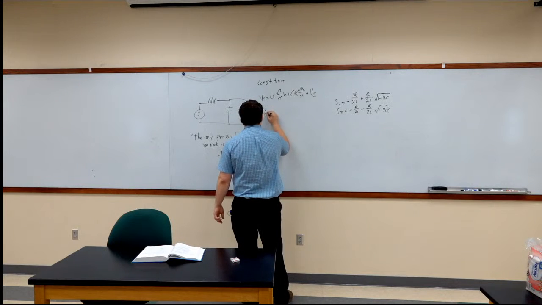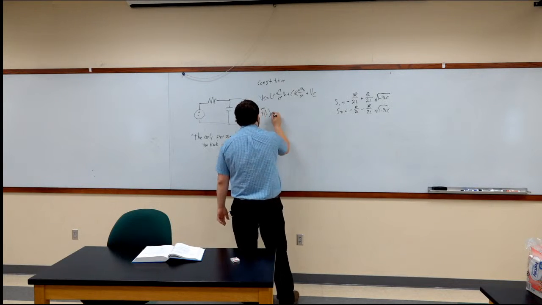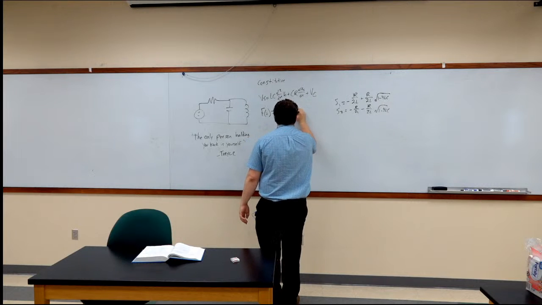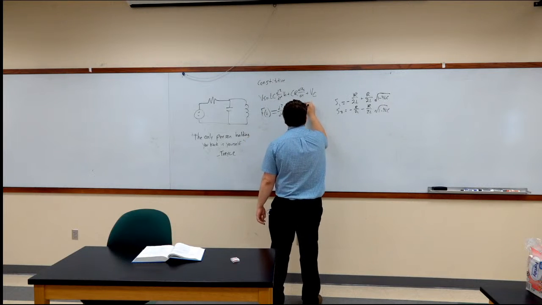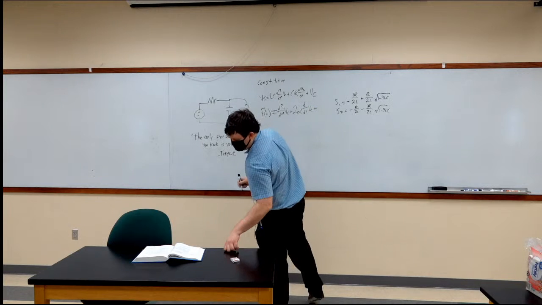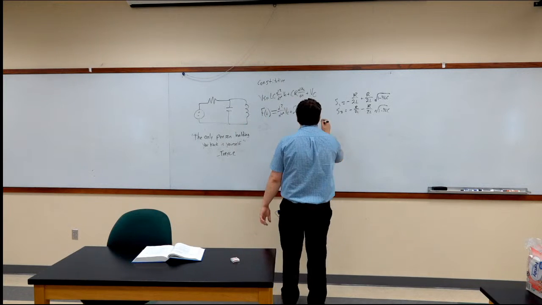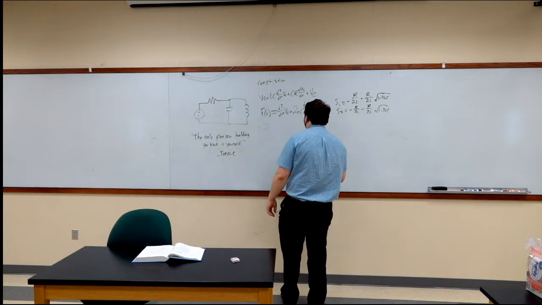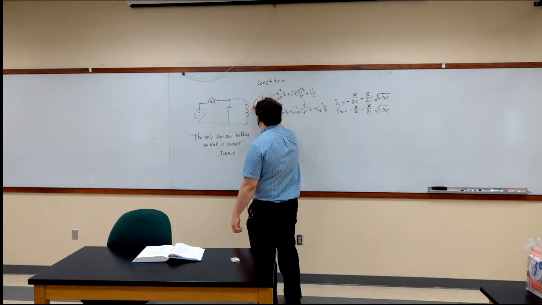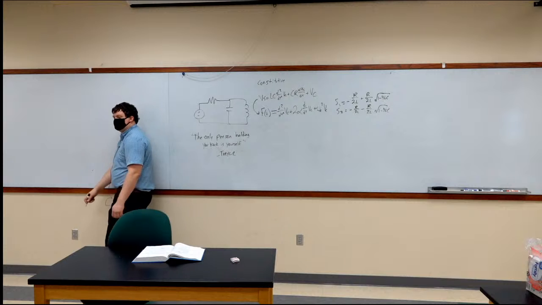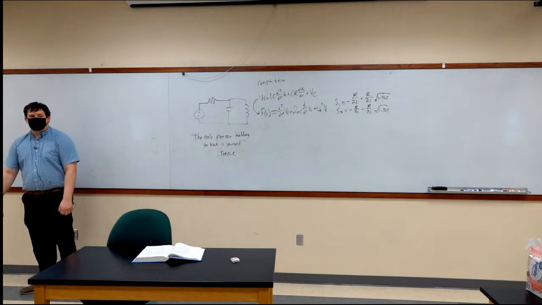Our forcing function, which is a function of time, is equal to d squared over dt squared Vc plus 2 alpha d over dt Vc plus omega naught squared times Vc. We're going to take this equation and change it into this one. And then I'll tell you why.